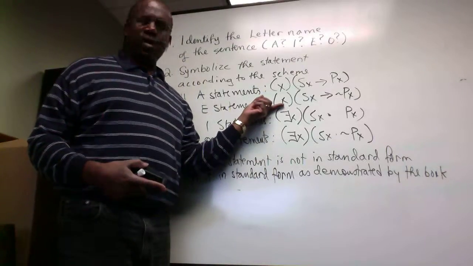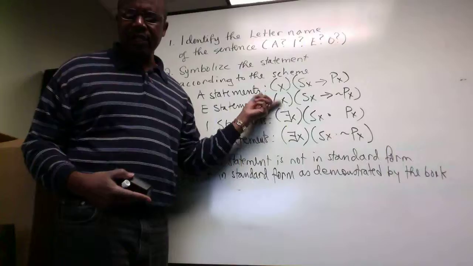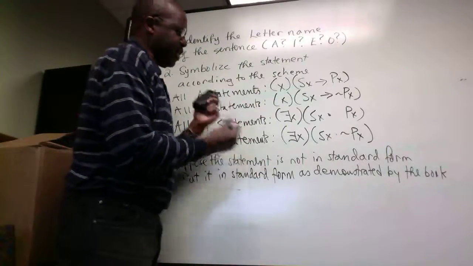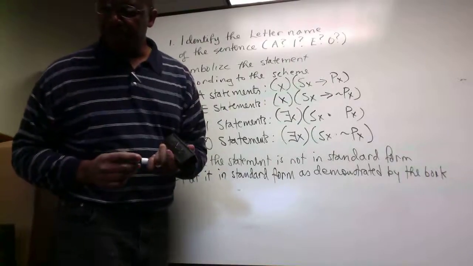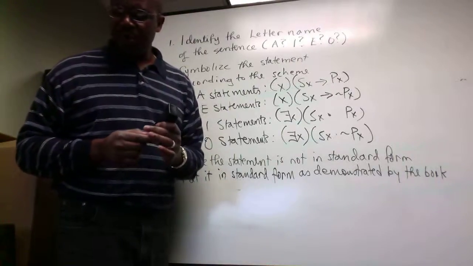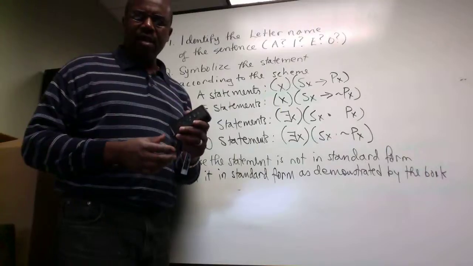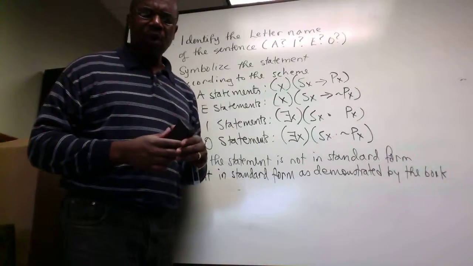That's how you translate it. By the way, that's an X. It doesn't look very clear from the screen. Okay, there we go. And that's how you do it with the I statement and the O statement.